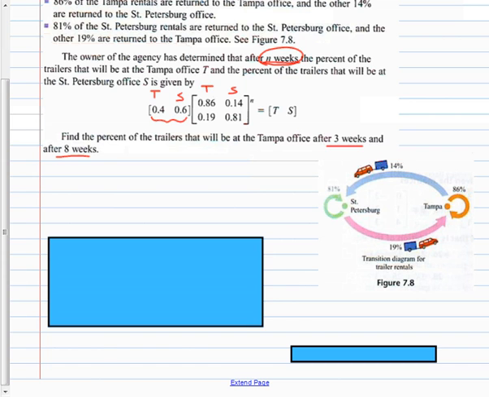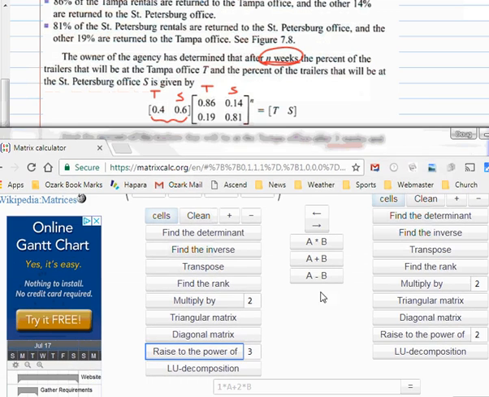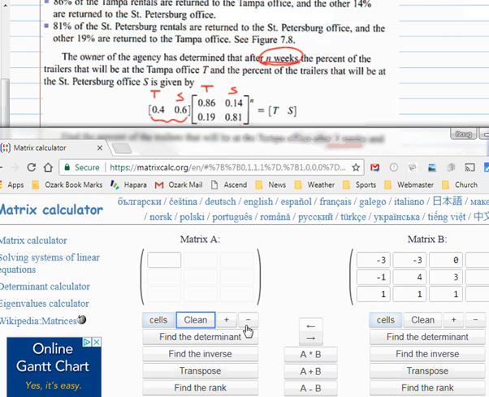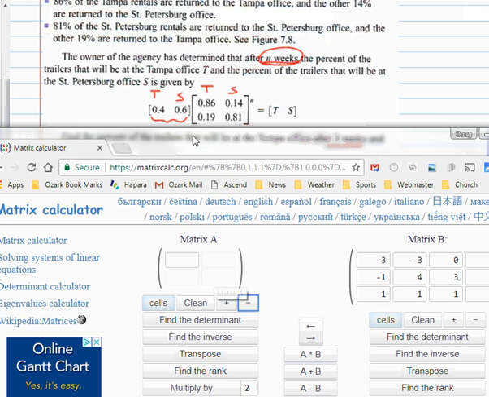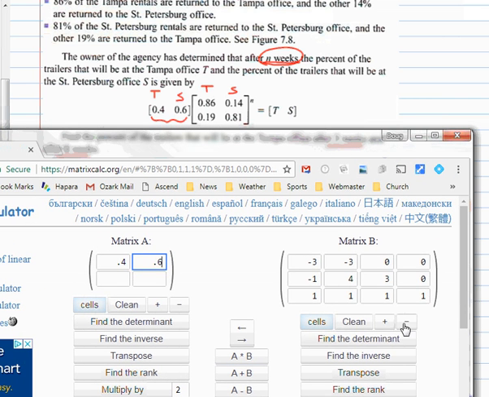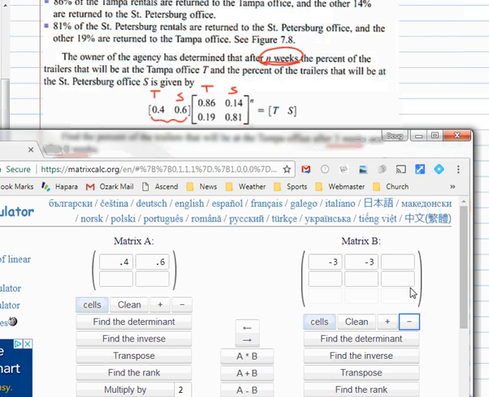So we have our information. And I need my first matrix to represent the original. So I'm going down to the 2 by 2. All I fill in is my top part. 0.4, 0.6. And then my second matrix. How did my rows and columns get off?